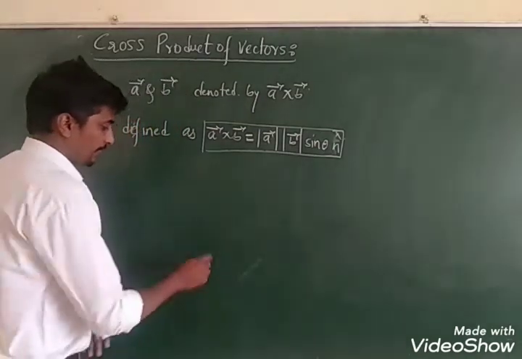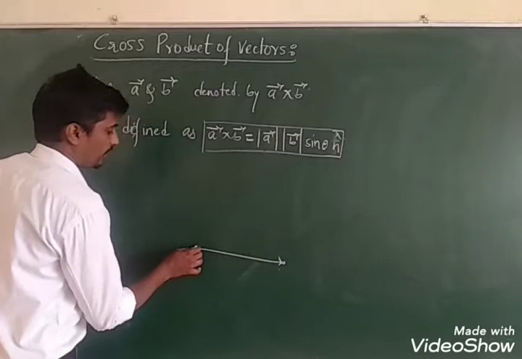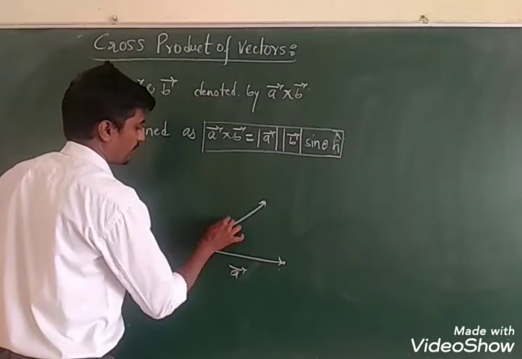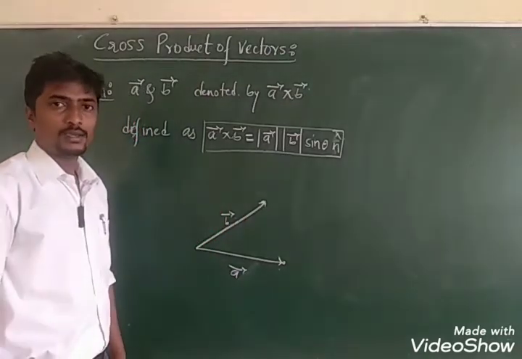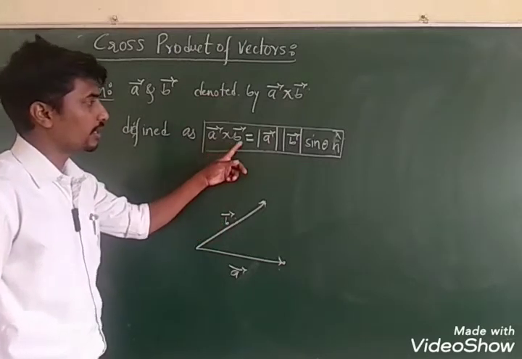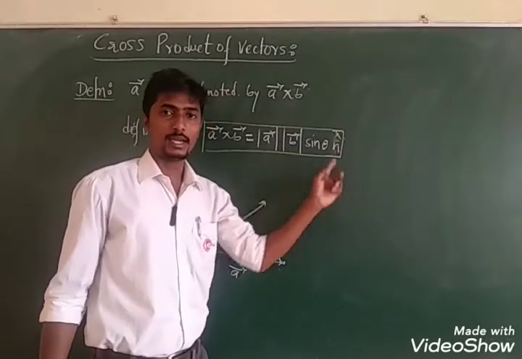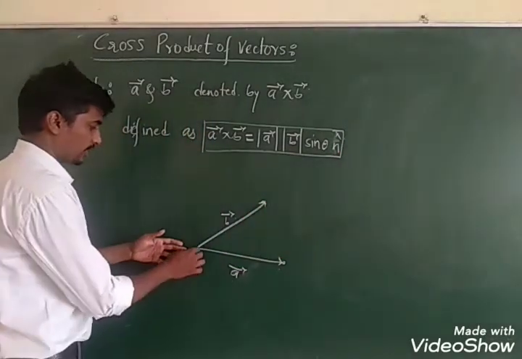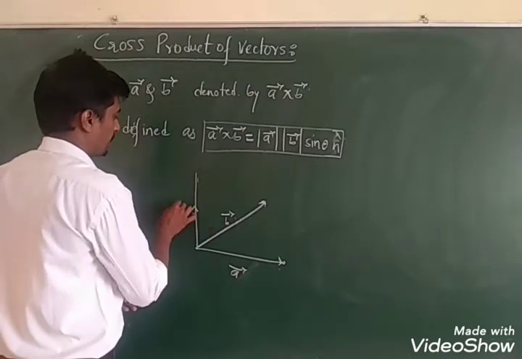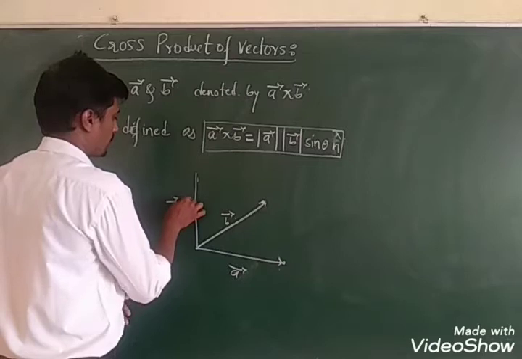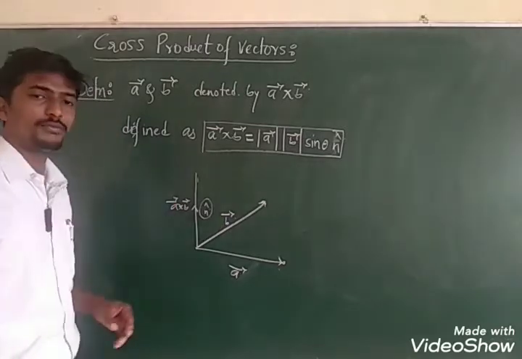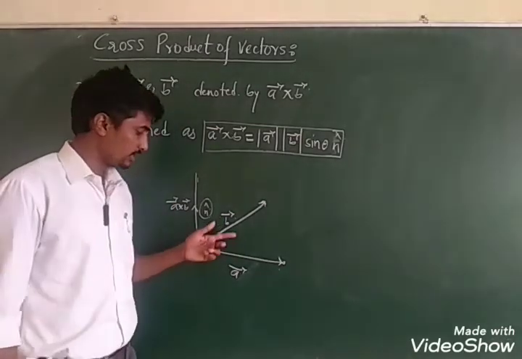If this is vector A and this is vector B, then A cross B provides some direction, so we need to draw this direction in this way. This is A cross B, where n cap is the unit vector in the direction of A cross B. You can also understand this definition with your thumb.